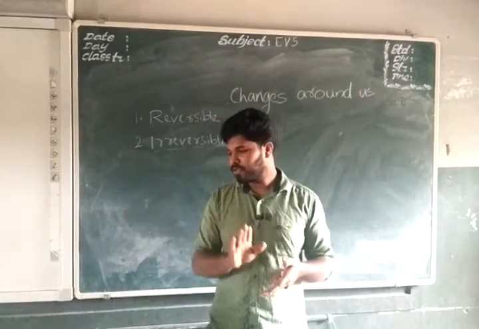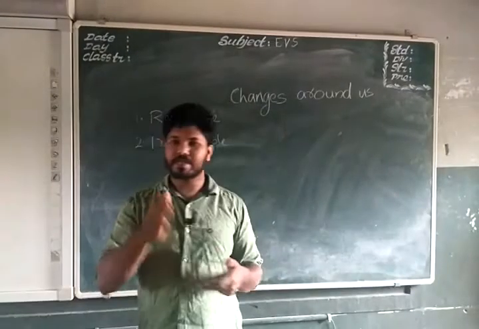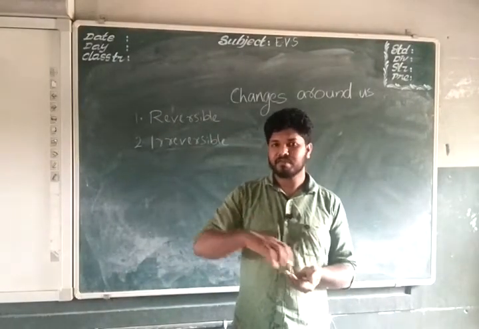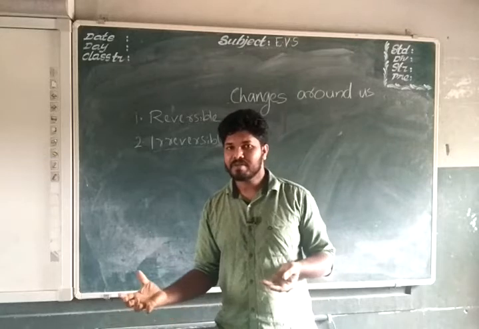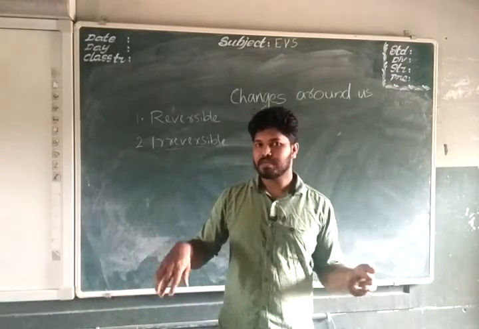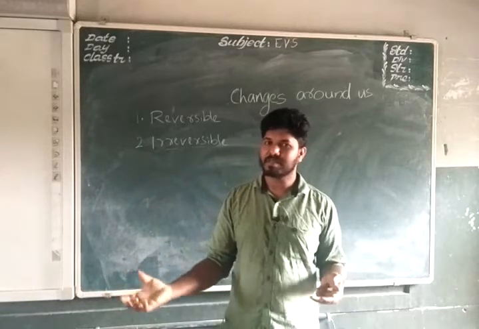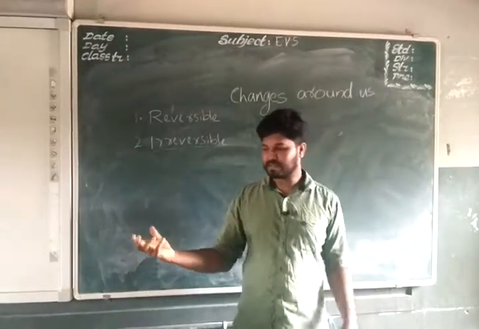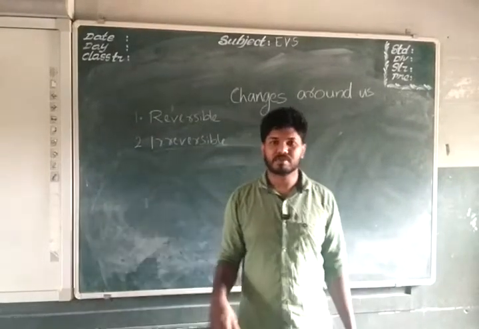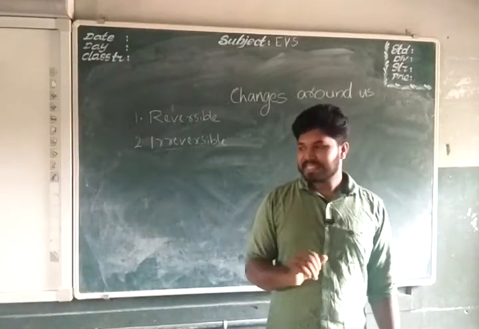You have to note that. And then grain to flour. You know what is flour? From grain we make flour. And can we get grain back from the flour? If yes, it is reversible. If no, it is irreversible. So you have to write yes or no in those columns. Hope you will complete the column.